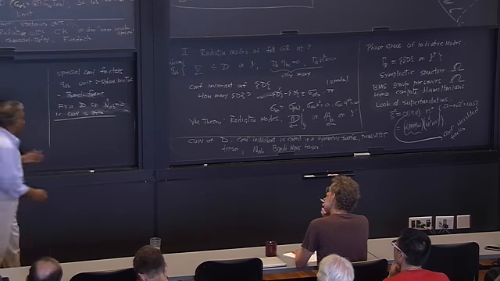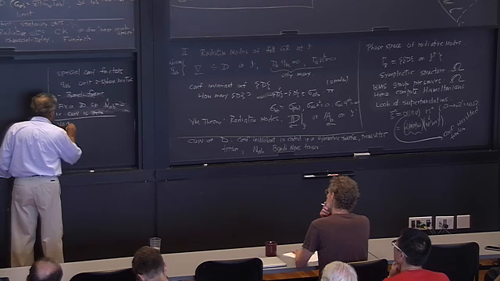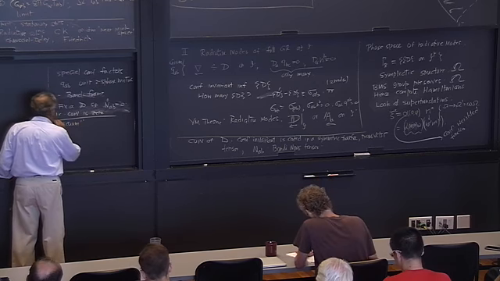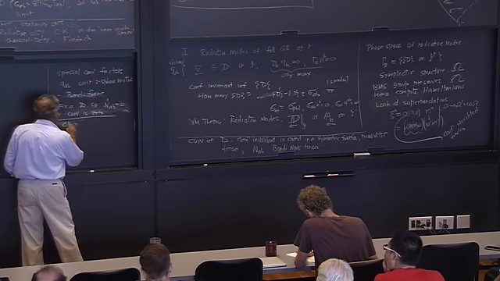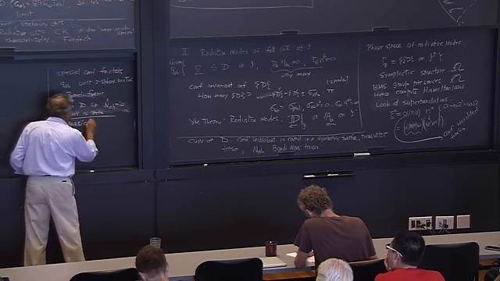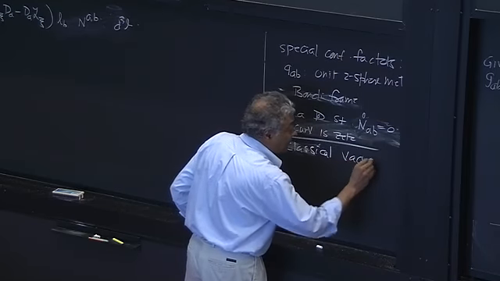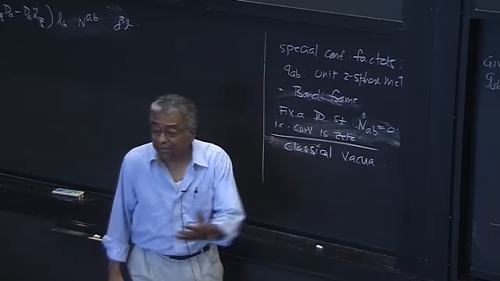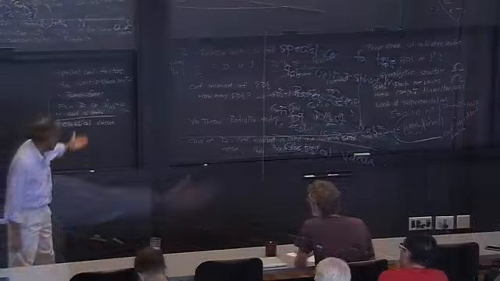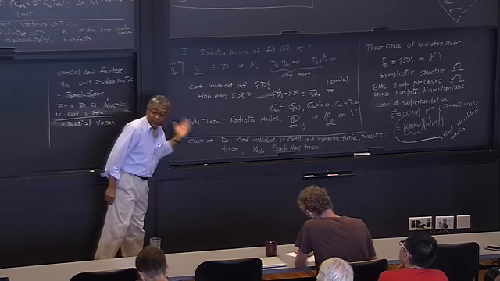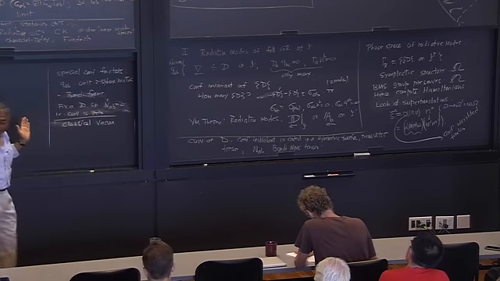Such connections were called vacuum connections, or classical vacuum, because the terminology was suggested by Yang-Mills fields. In Yang-Mills theory, if you give me a connection whose field strength is 0, we call it classical vacuum. So here we're just looking at any connection whose field strength is 0, and we're calling it classical vacuum.